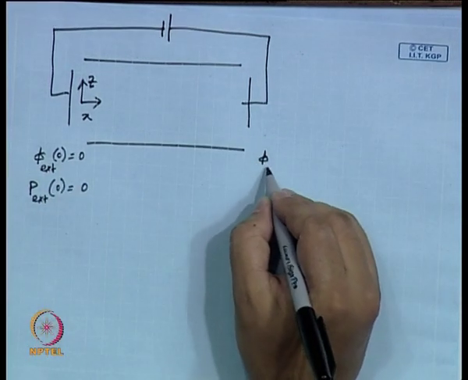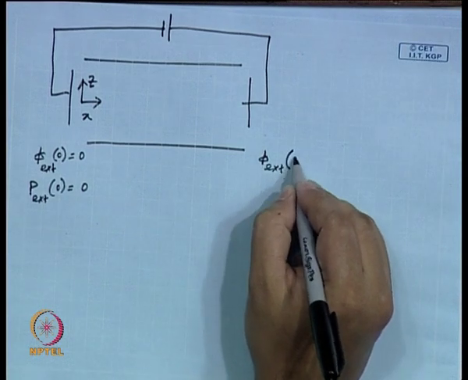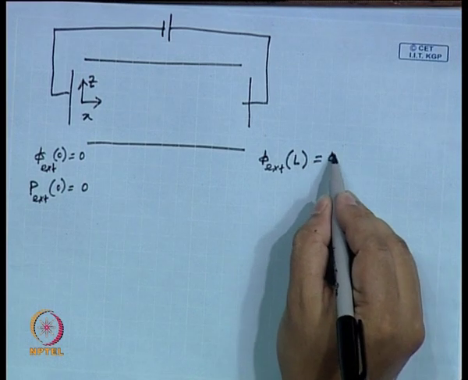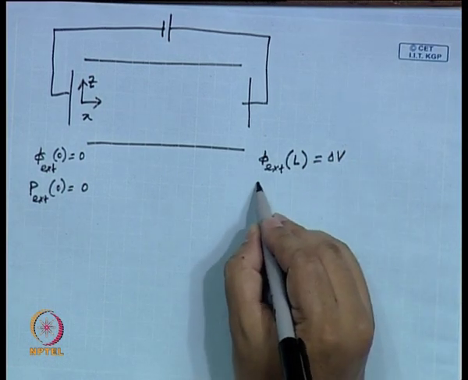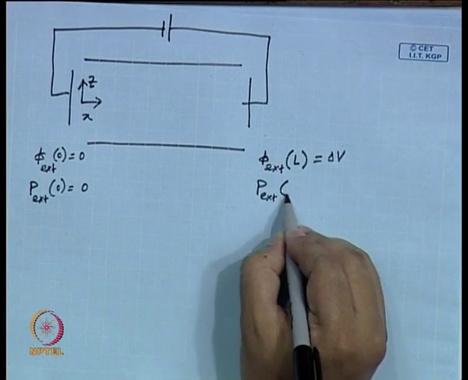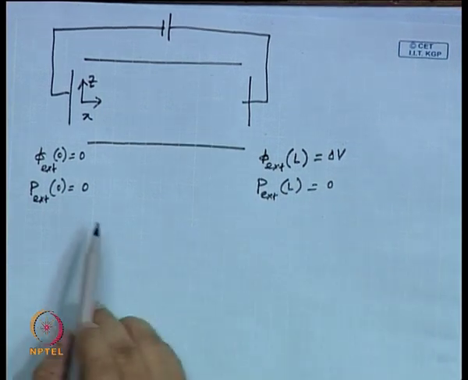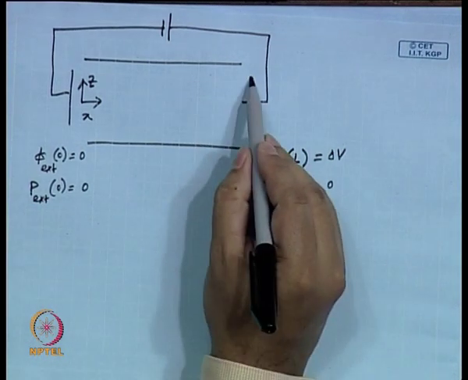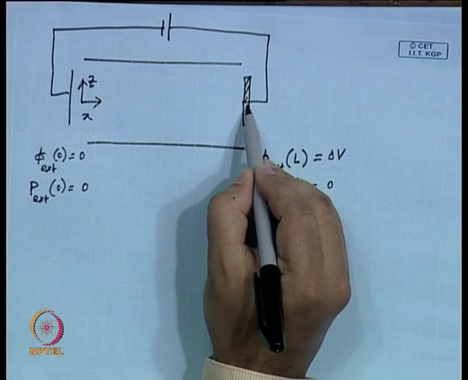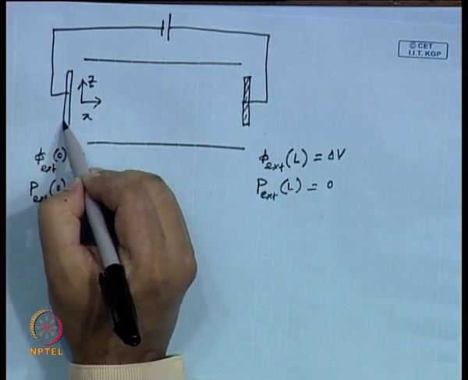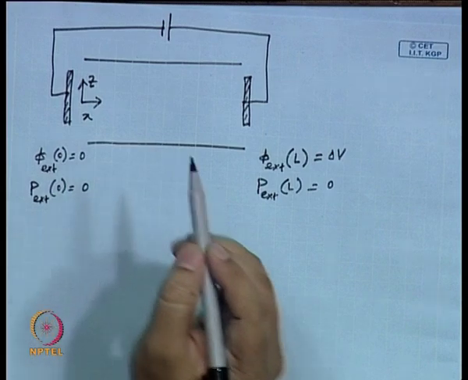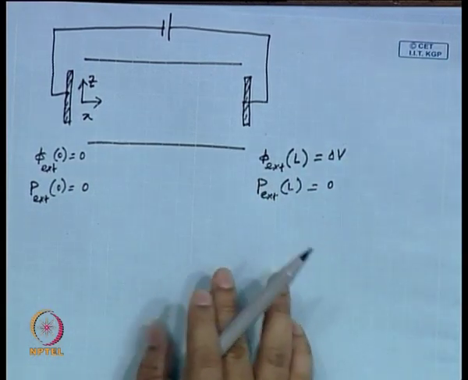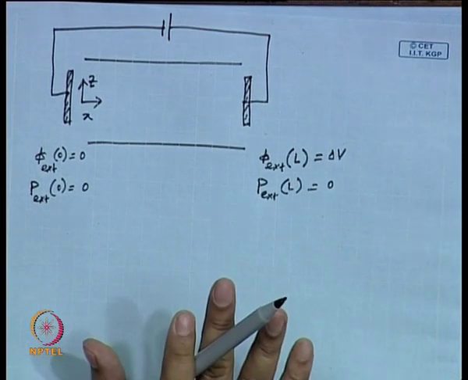Here the phi external at x equal to L is equal to delta V, and p external at x equal to L is equal to 0. So, that means there is no pressure drop. We are expecting that just because we have put this potential gradient, we should expect some velocity happening because of this Navier-Stokes equation, because of that body force term. So, this is what we need to solve here.